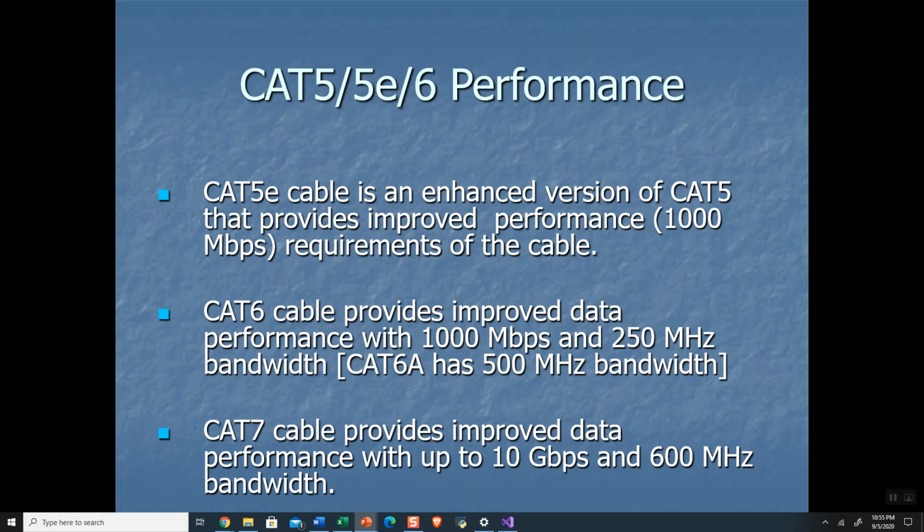If you're running 1 gigabit per second, power over Ethernet is going to run at 100 megabits per second because it uses the other 4 strands for power. So if you want to run 1 gigabit per second, you won't be able to do power over Ethernet.